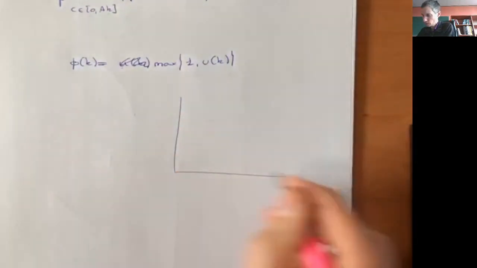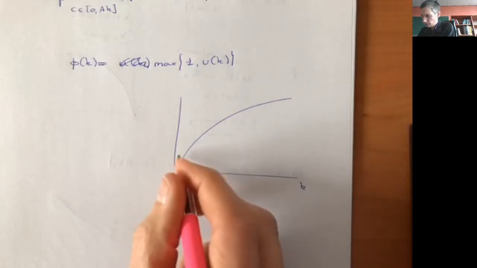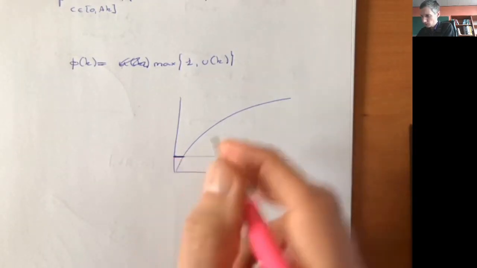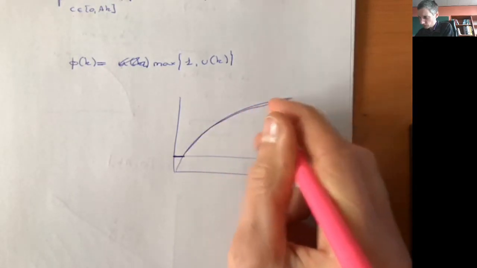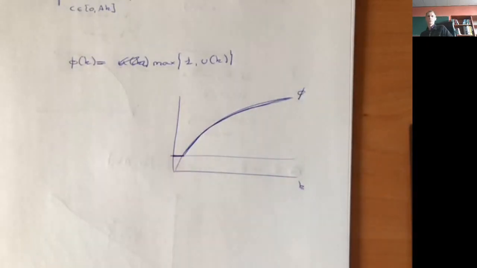u(k). So if I would draw this, this was my utility function, and this is here 1. So my phi is here this, and then it goes like this. So this is my phi function, strictly positive, so that's not a problem.